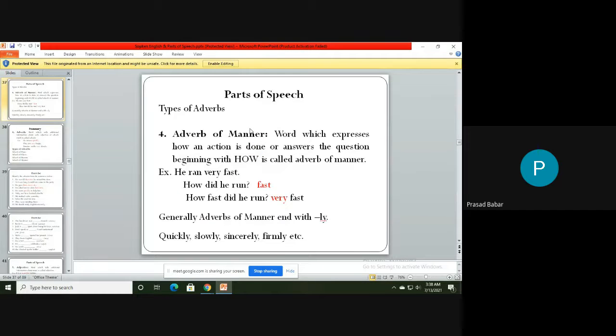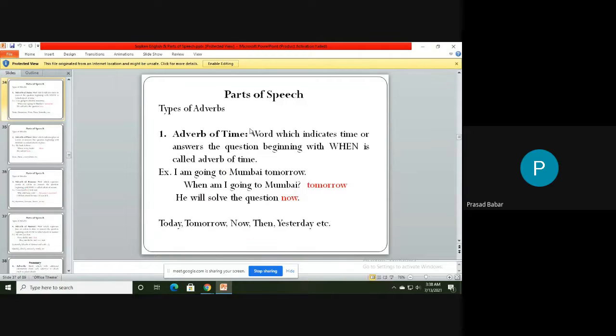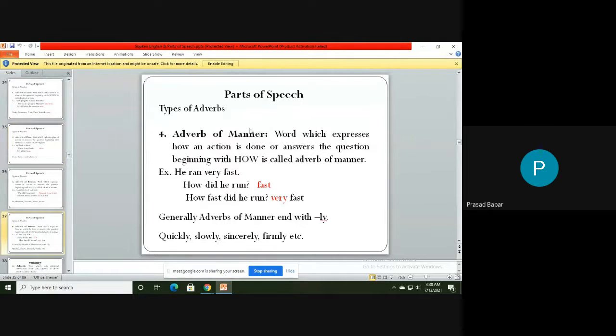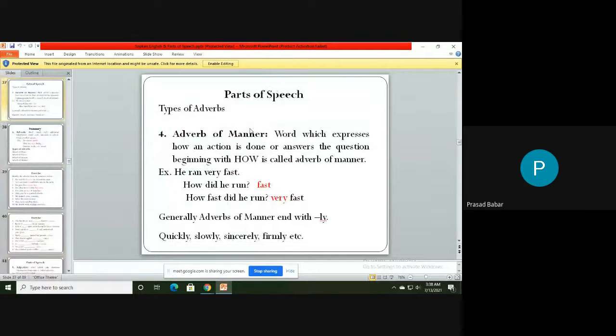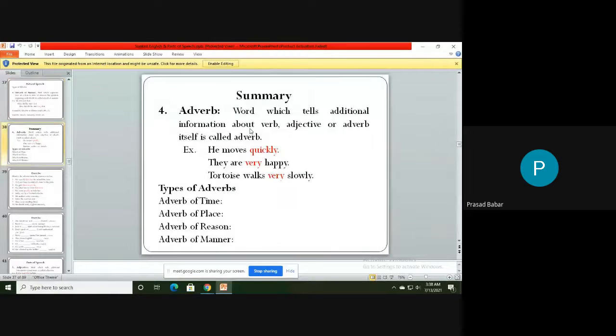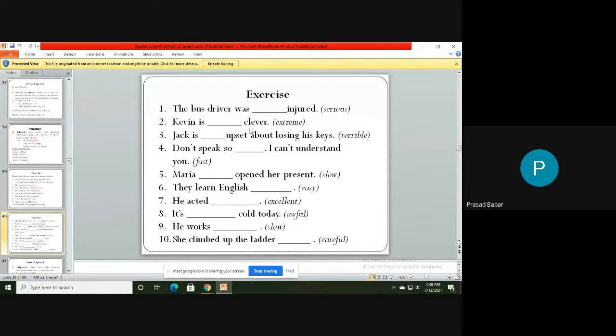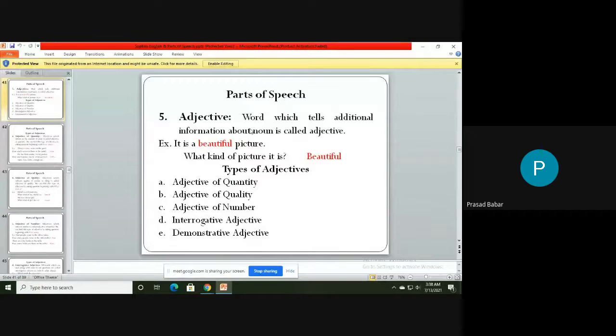And in adverbs we learned that there are 4 types: adverb of time, adverb of place, adverb of manner, and adverb of reason. So in this way we have completed 2 parts of speech in this lecture. They are verb and adverb. In the next lecture we'll discuss adjective and other types of parts of speech.